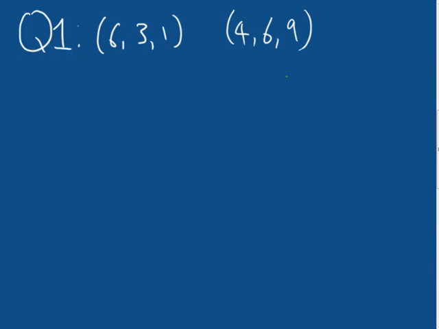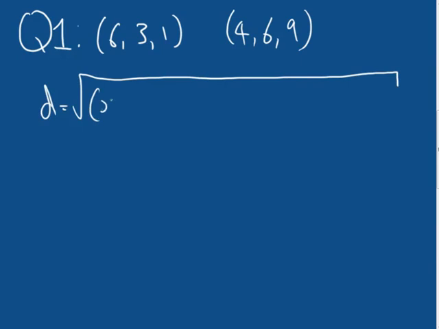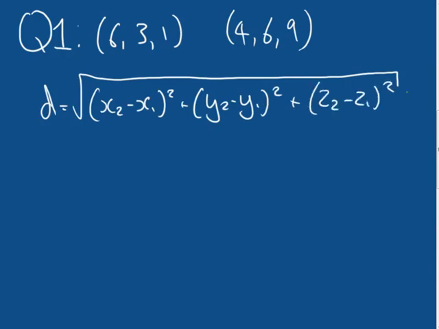Okay, welcome back everyone. So we're going to be using our distance formula. By now we should be very familiar that that is the square root of (x2 minus x1) squared plus (y2 minus y1) squared plus (z2 minus z1) squared. Again, it doesn't matter which point is x1, y1, z1. I'm going to take this first point here as x1, y1, z1, and I'm going to plug the numbers into our formula.